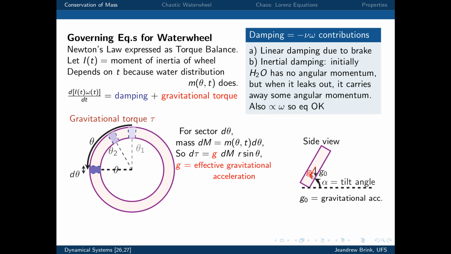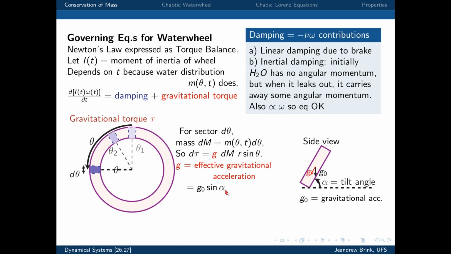So that's this g effective, which is basically g0 times sine alpha. In other words, the component of g0 that lies within the plane that the wheel is rotating in. So you can see that by changing alpha, you're going to change the strength of the impact of the gravitational force on the actual dynamics of your wheel.